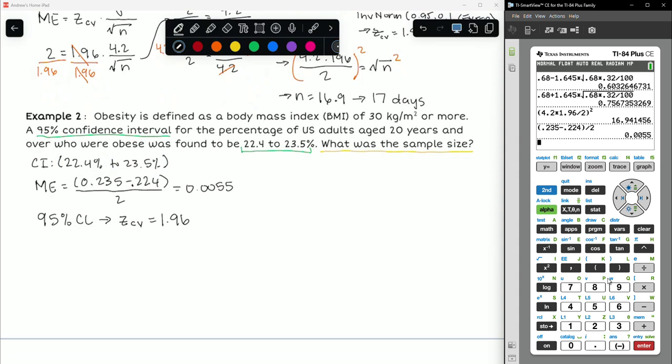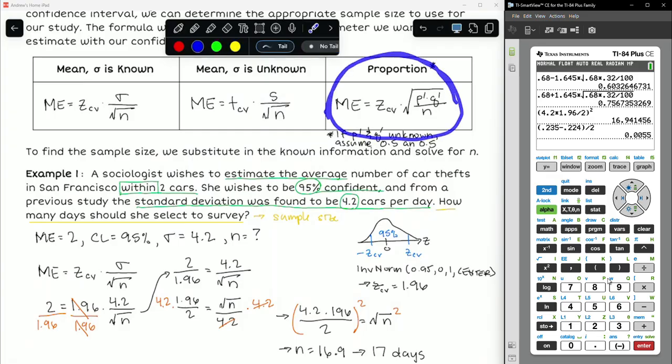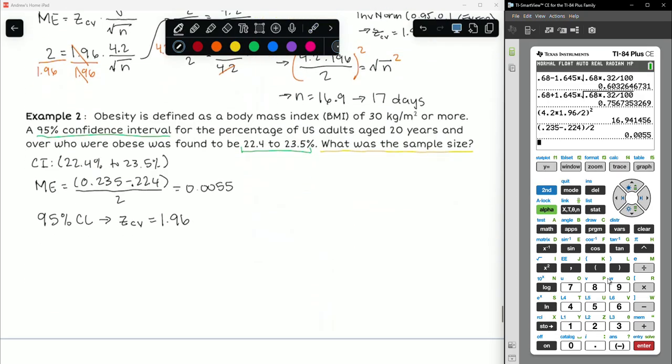I also notice, if I go back up here, I'm estimating proportions, and I don't have a p prime or a q prime. I have a z, I have an ME, I don't have p prime, q prime. So we're going to go with the assumption of 0.5 and 0.5. If we're not given those sample proportions, and we probably wouldn't because we haven't done our sampling yet, assume these are equal. That'll give us the biggest estimate for a sample we could have.